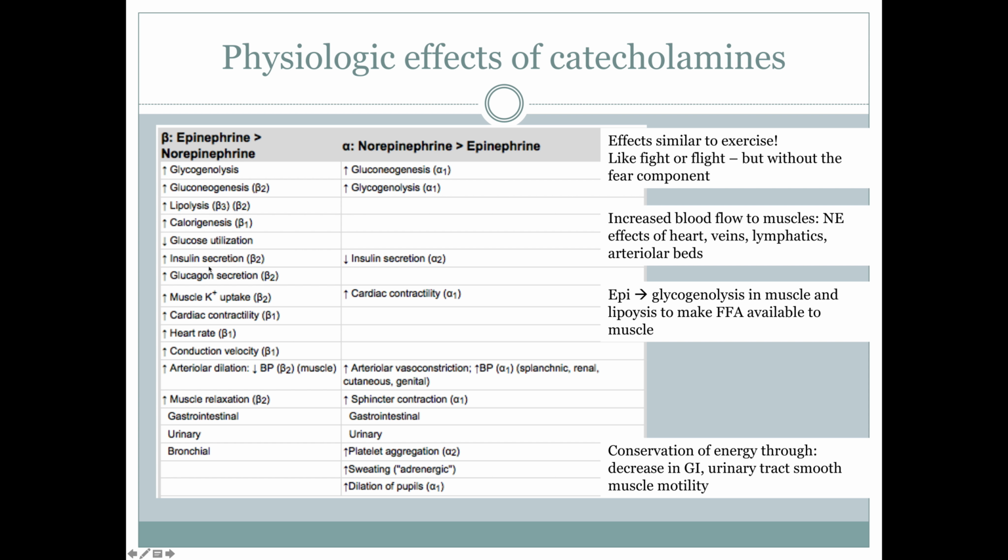We're going to have to increase insulin secretion in some cases because we are going to need glucose to enter some cells that might need it, like muscle cells. We're going to have lots of potassium uptake. We're going to have the breakdown of free fatty acids. And the places that we don't need to do anything important with a stress response are going to decrease.